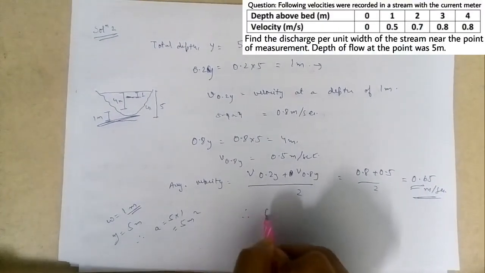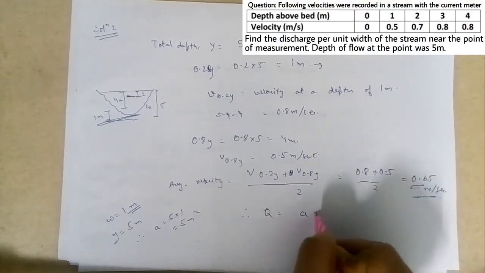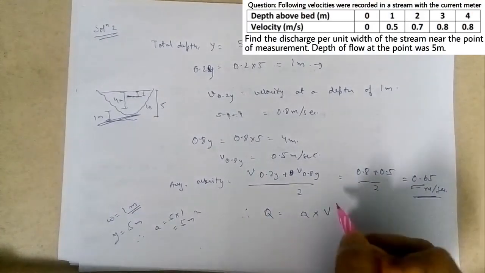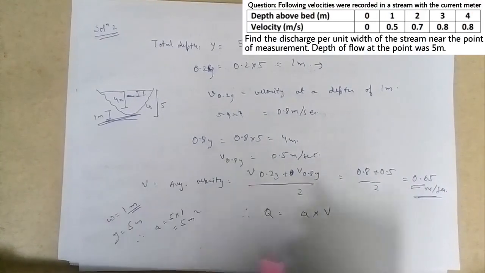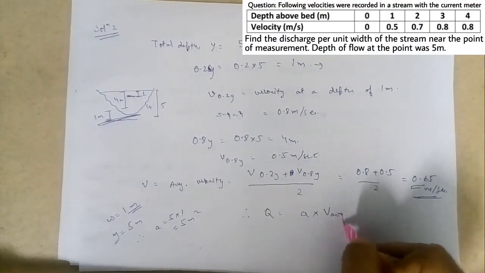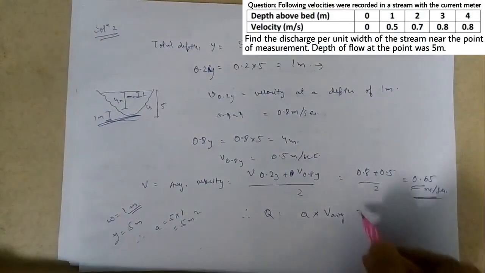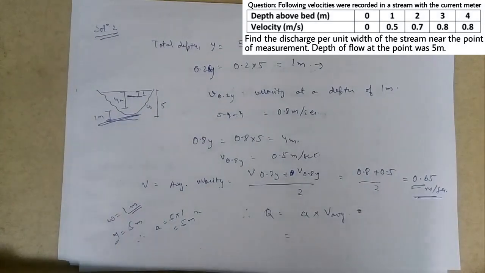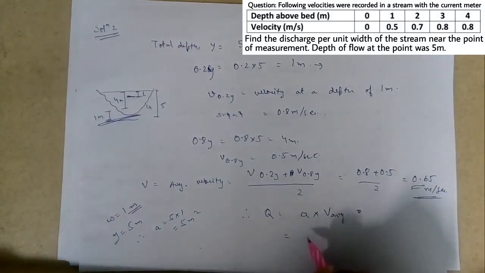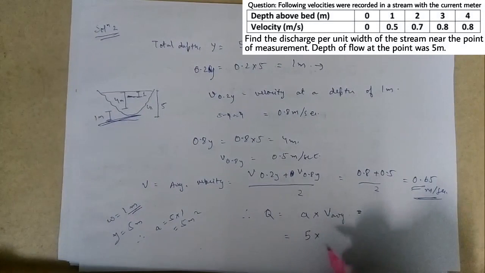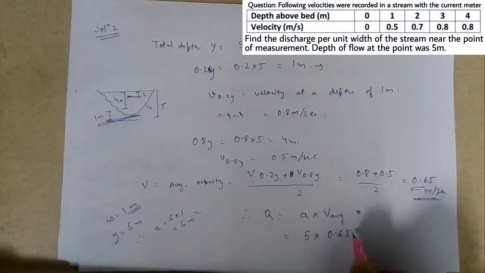So therefore the discharge is equal to area multiplied by the average velocity. Suppose this is V average. The area is 5 and the average velocity is 0.65 meter per second.